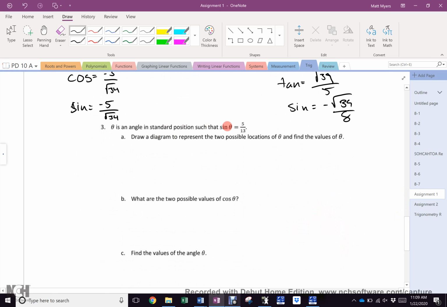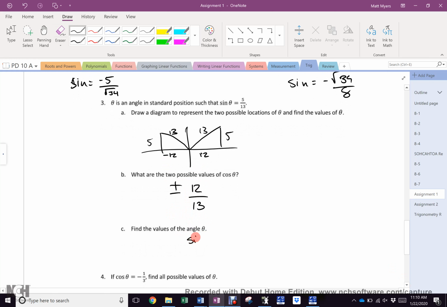Draw this angle, so sine is positive 5/13. Could be there, 13 and 5. Could be there, 13 and 5. This is 12, negative 12, that is positive 12. So cos is either negative 12 or positive 12, plus or minus 12/13.